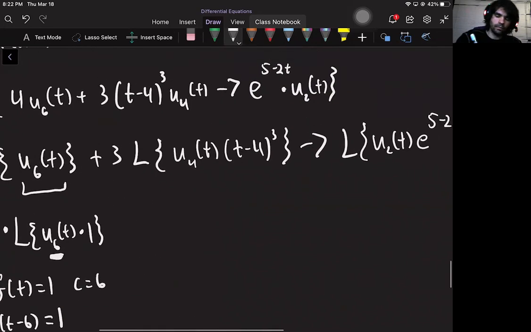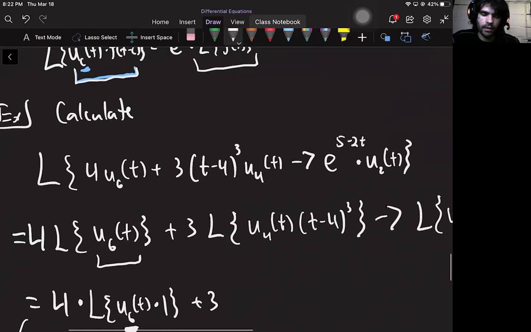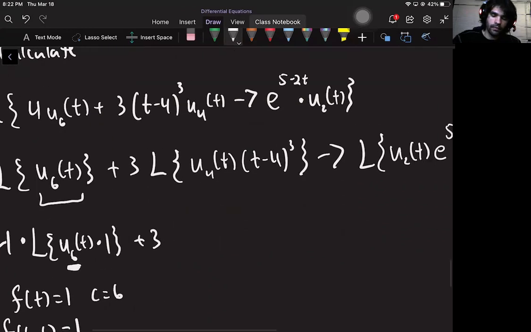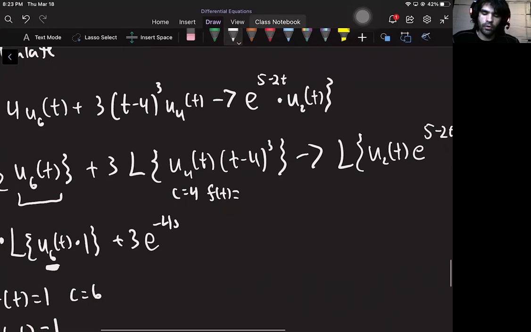This one is already set up nicely. It's 3 times e to the negative 4s, because c is 4. And what function is being shifted by 4?